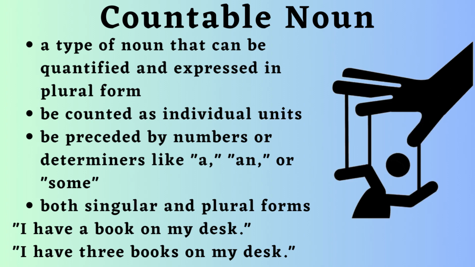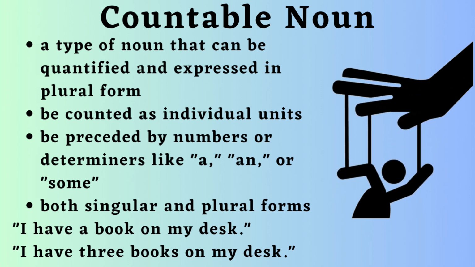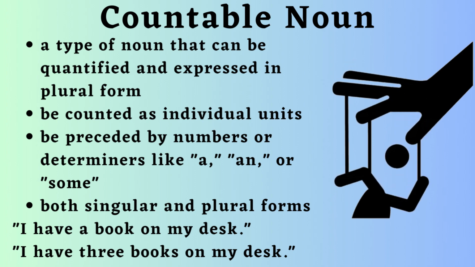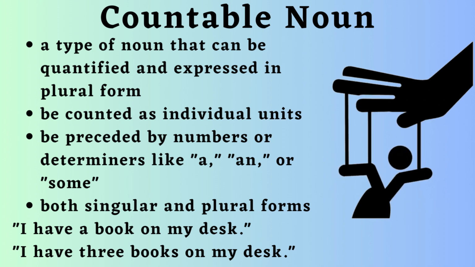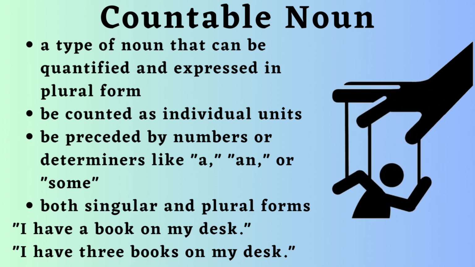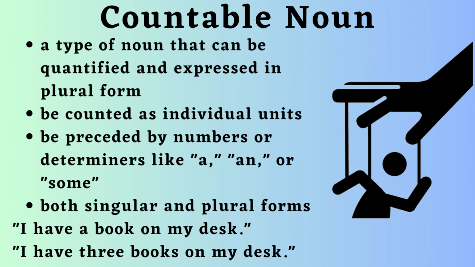Countable nouns have both singular and plural forms. Here is an example to illustrate this concept. Let's take the word book. In singular form, we can use it as I have a book on my desk.